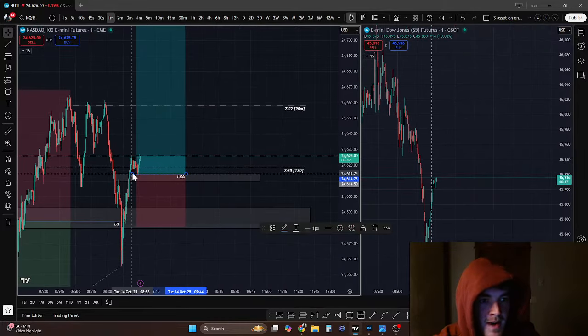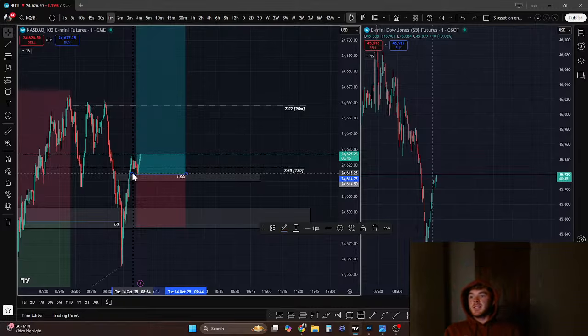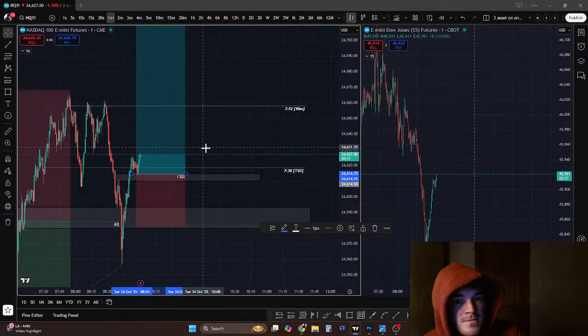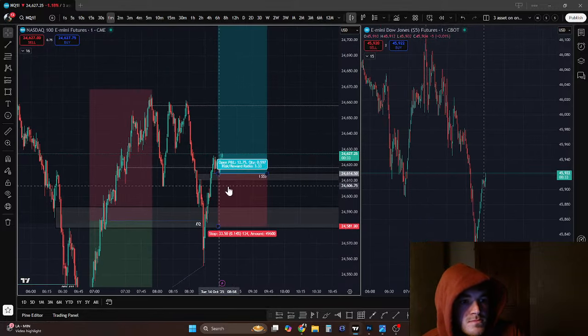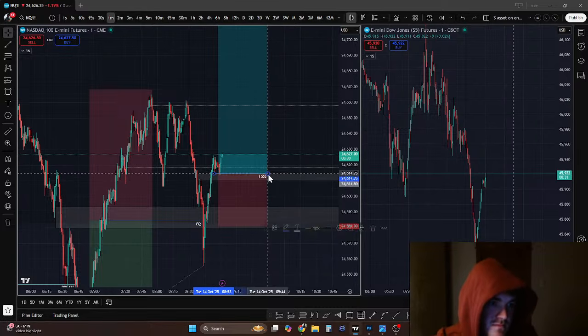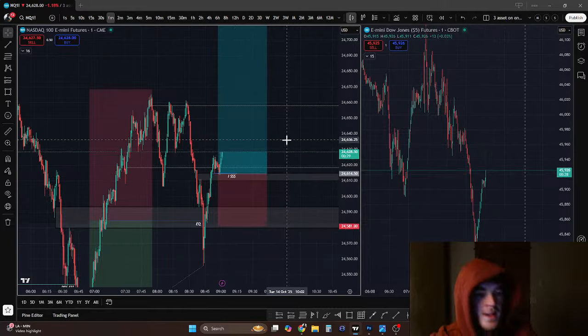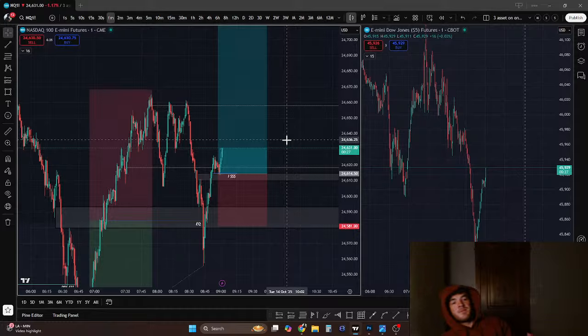Once again, I'm at the point where I'm not even taking this on personal, so I don't even care what happens. It's just Top Step. So now I could take a separate. I can't do a separate. I can do a trade on one of my other accounts, but.